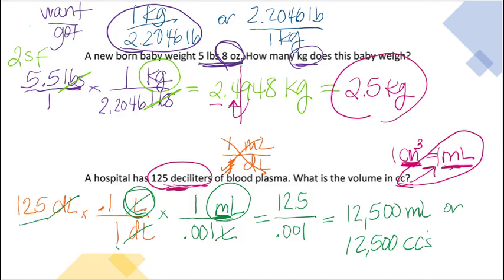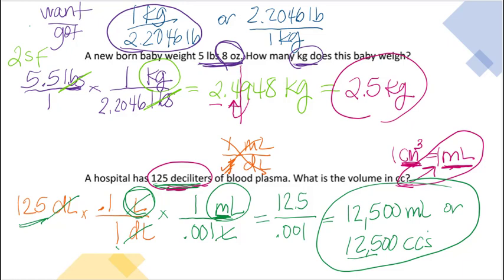Let's double check. We started with 3 significant figures, and I'm ending with 3 significant figures. So we're looking good. Now, I know some of you might have just looked at this 125 deciliters and just tried moving the decimal point to the right 2 spots, because deciliter and milliliter are 2 spots apart from each other.